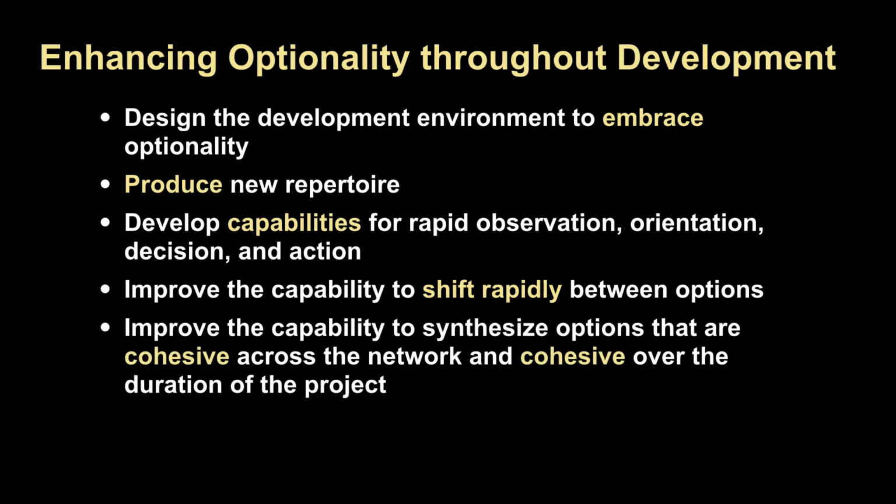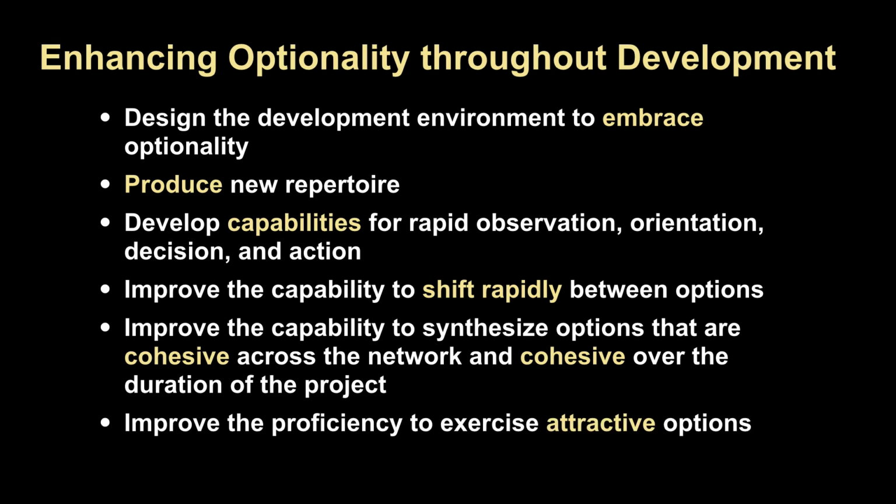Improve the capability of individuals to synthesize options that are cohesive across the network and cohesive over the duration of the project. 6. Improve the proficiency to exercise attractive options. Identifying attractive options includes developing a holistic perspective and recognizing iatrogenesis.